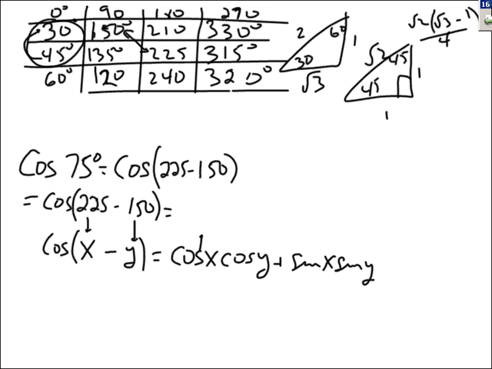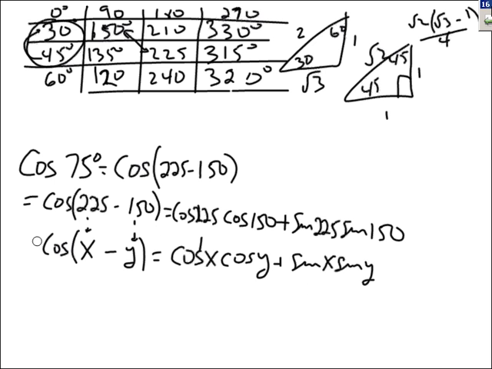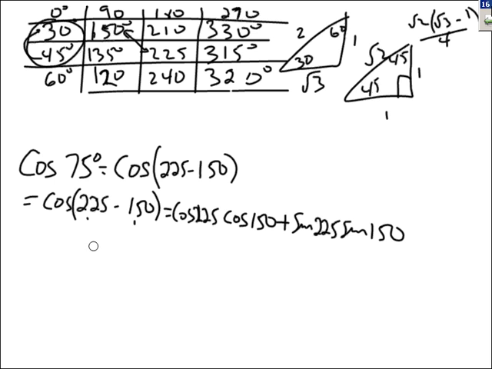So we get the cosine of x, which is 225, times the cosine of y, which is 150, plus the sine of x, which is 225, times the sine of y, which is 150. Okay. And since I need the space, I'm going to erase this last line. But that last line is nothing more than the formula that you're going to need to be able to write down on the test from memory or however.